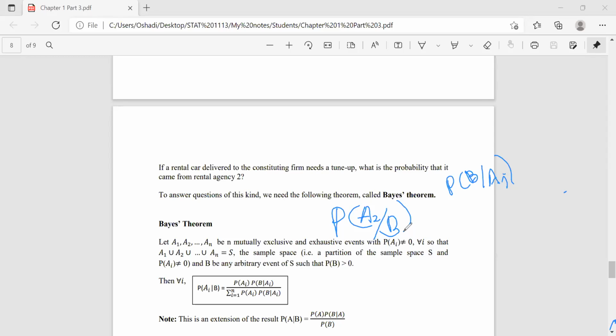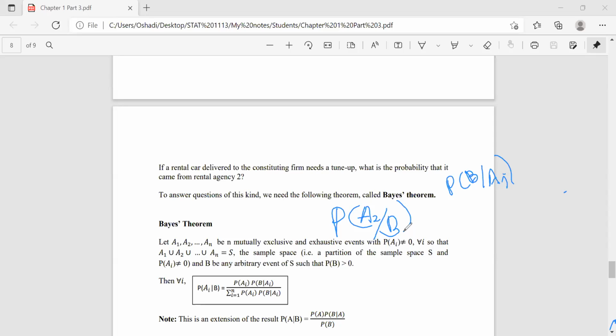So the union should equal the sample space, right? That is a partition of the sample space S, and P(Ai) does not equal 0, and B is any arbitrary event of S such that P(B) is greater than 0.